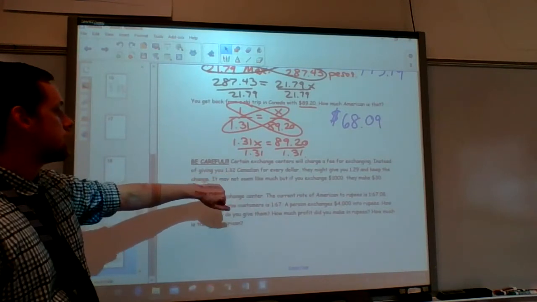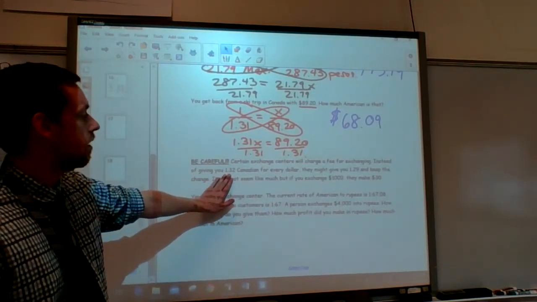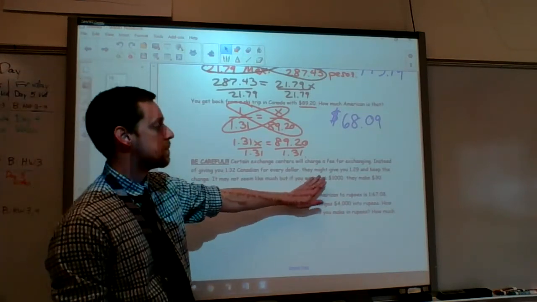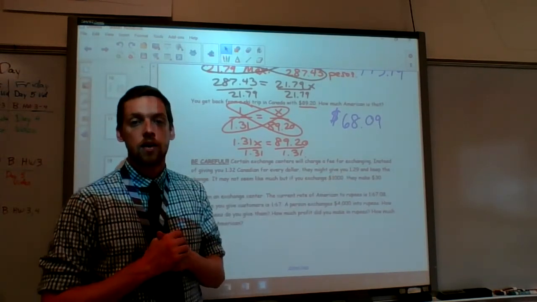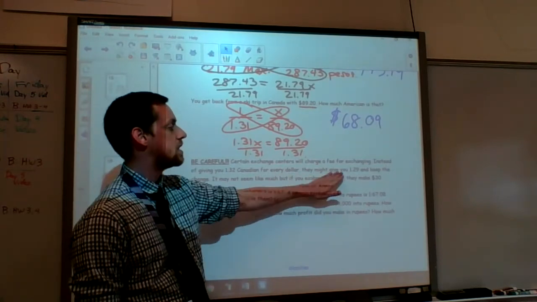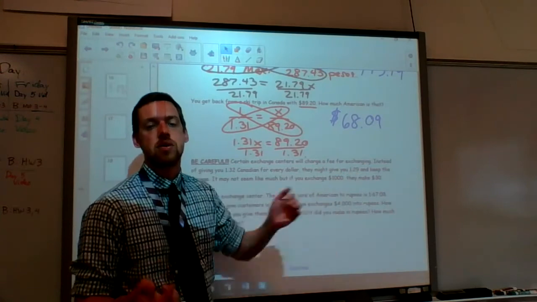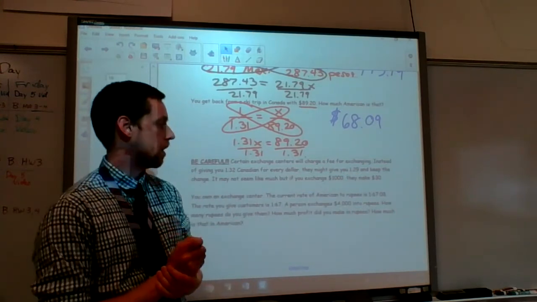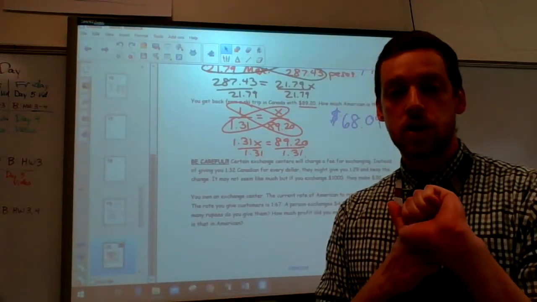So let's say the exchange rate is $1.32 for Canadian. If you go to one of these places, they might say the rate is $1.29. So every dollar you exchange, they're keeping about 3 Canadian cents of it, so that they're making some money.